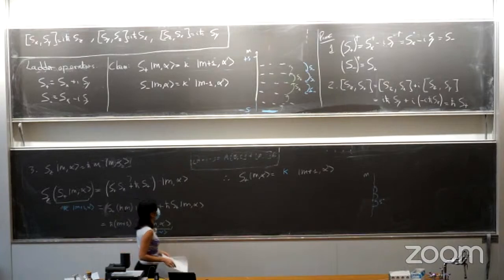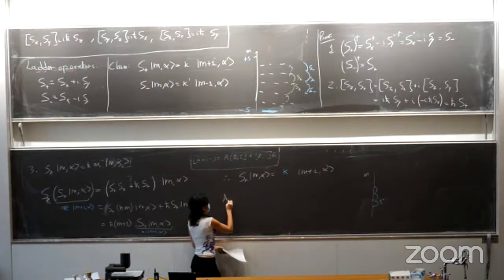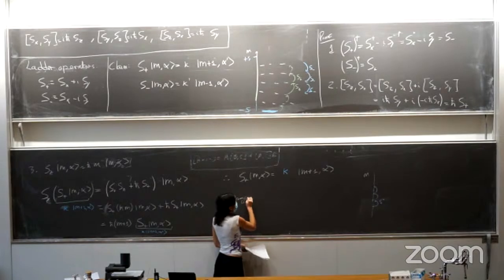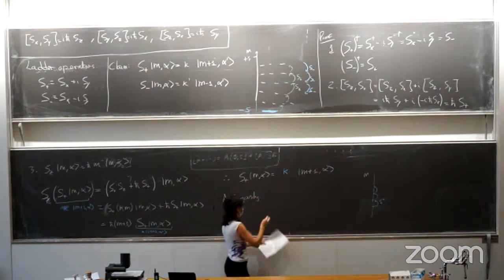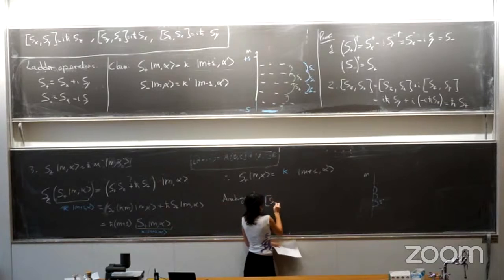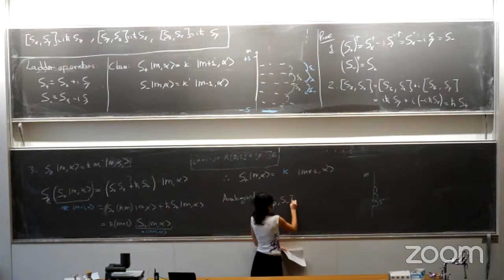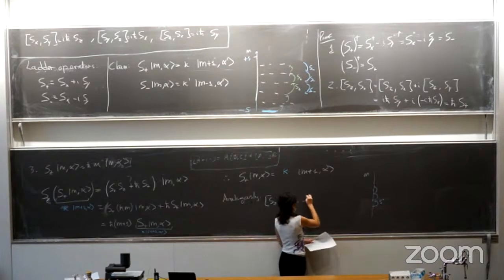So analogously, you can do at home that the commutator of S_z with S minus is going to be minus ħ S minus.